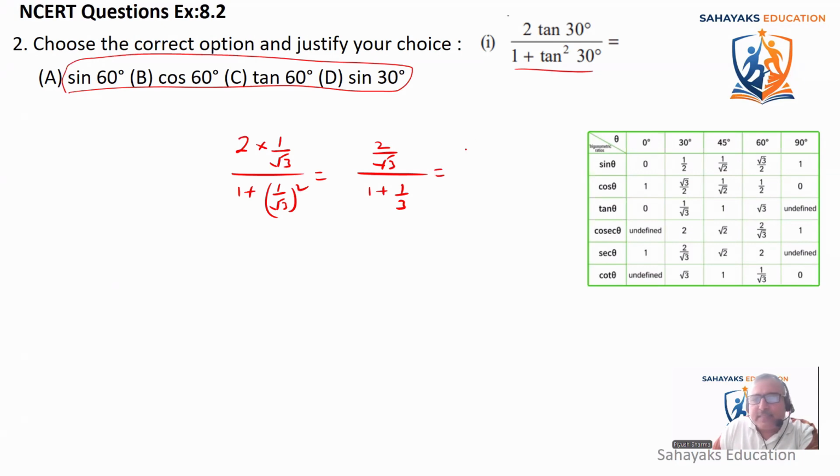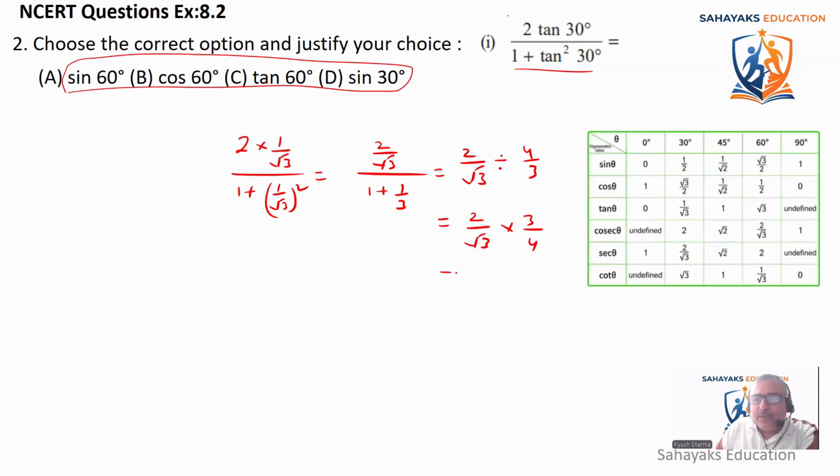So this implies it's 2 by root 3 divided by 4 by 3, or we can say 2 by root 3 multiplied by 3 by 4.